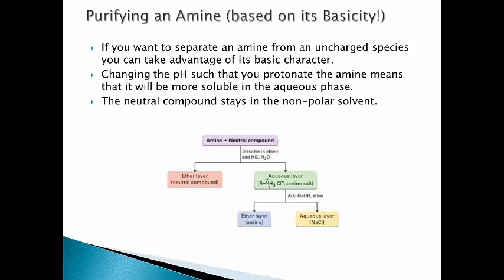Then using your organic solvent again, so ether in this case, shaking them up and then separating out the two layers. In the aqueous layer, you'll just have the salt that's left over. So if you used hydrochloric acid and sodium hydroxide, you'd have sodium chloride, so it's just a brine kind of water. And in your ether layer, you'd have your amine.